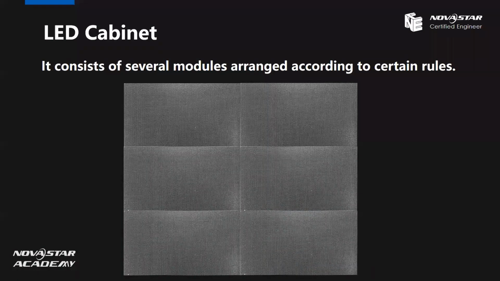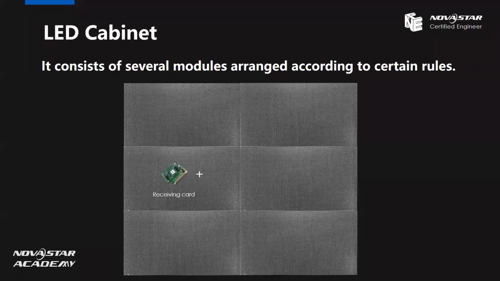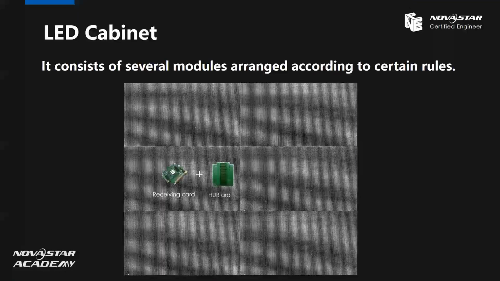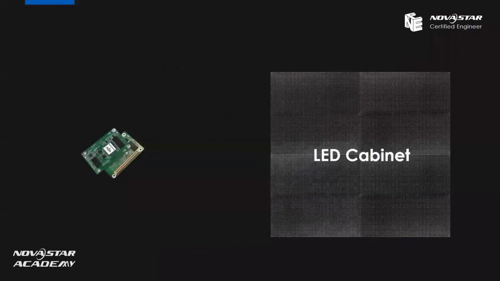As the picture shows, the LED cabinet consists of several LED modules arranged in certain rows. There is a receiving card and hub card inside each cabinet, connected to the LED module through a flat cable.